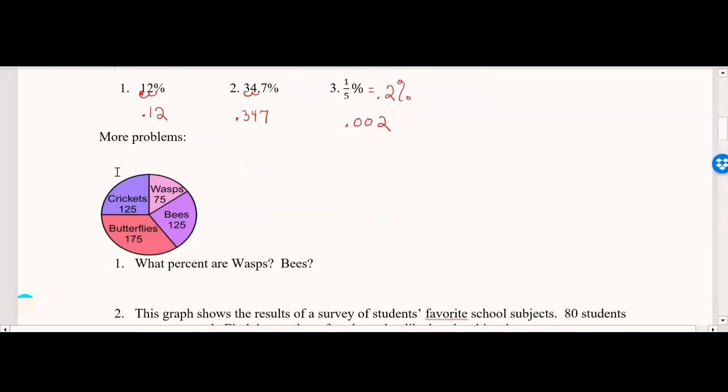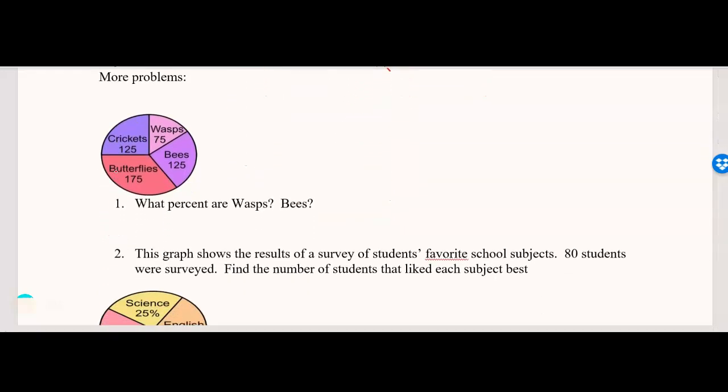Now let's try a few just different word problems where we are going to calculate percents. Here is a circle graph, and remember that a circle graph should always be 100%. Now, why do I say that? What we're doing is we're looking at different insects, and the question is, what percent are wasps?